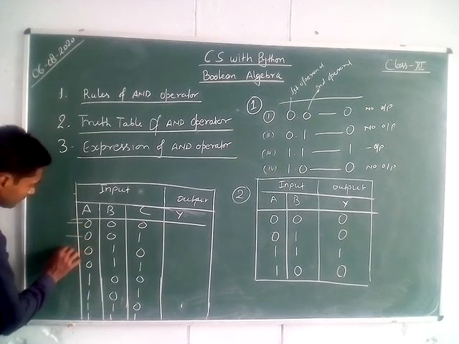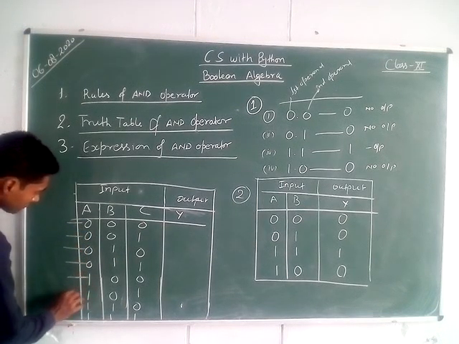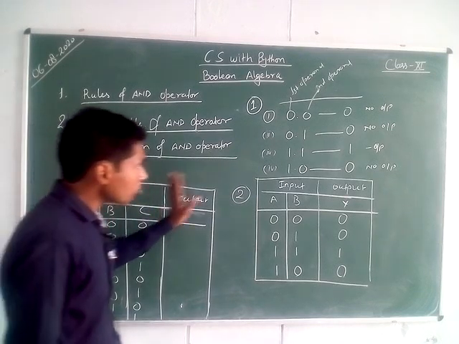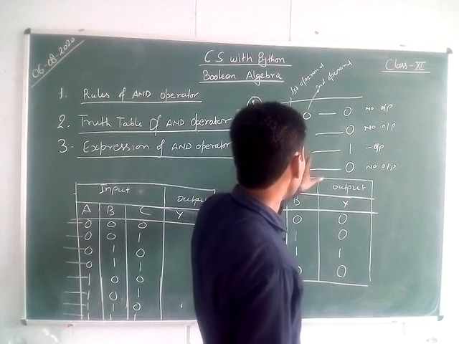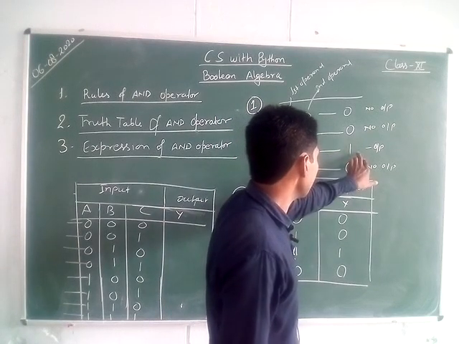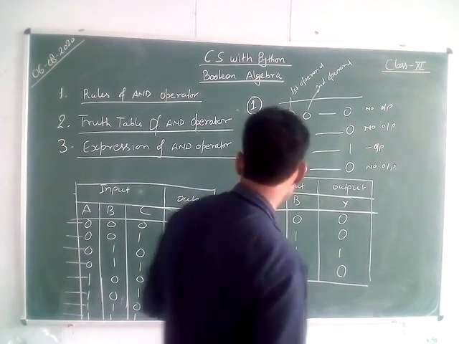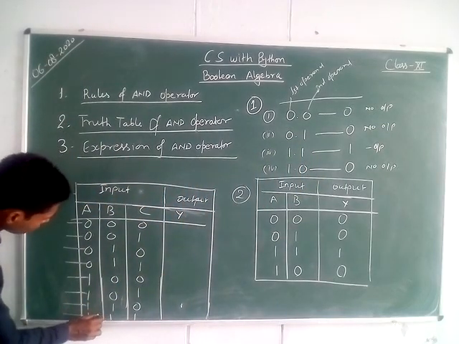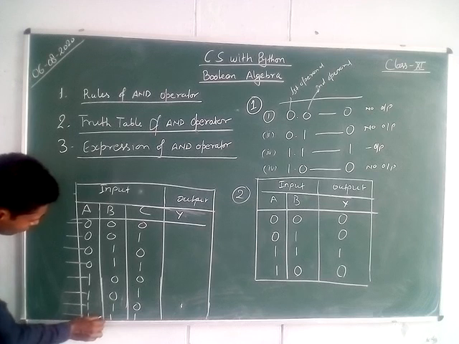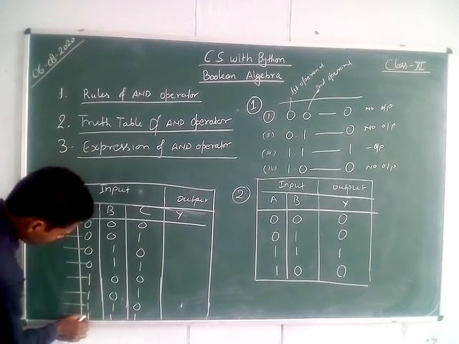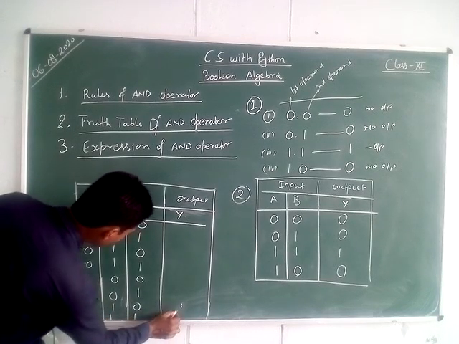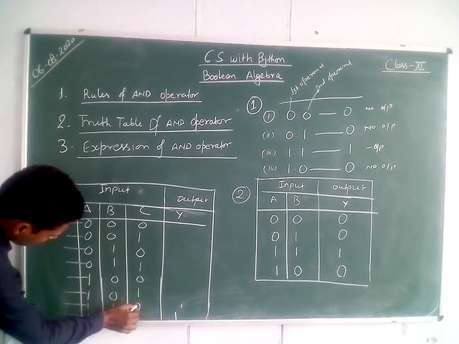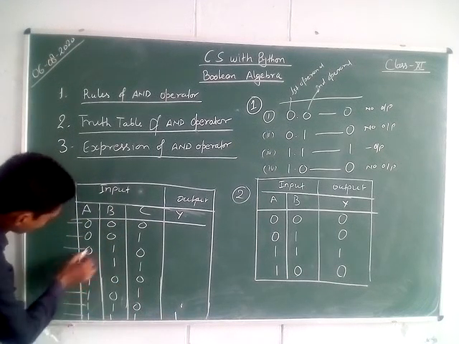First, second, third, fourth, fifth, sixth, seventh, eighth. So it is complete. The rule says that if all operands are 1, then it will give the output 1, otherwise 0. Simply follow this rule. Look at the rows: in this row all values are 1, so its output will be 1. In all other cases it will be 0.